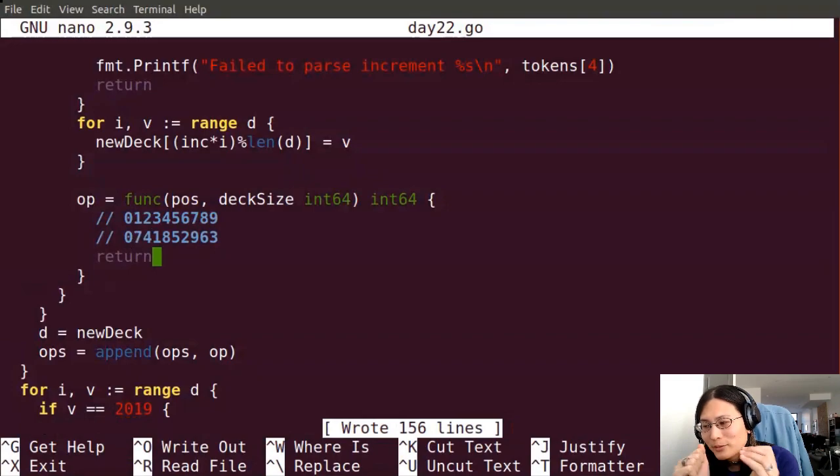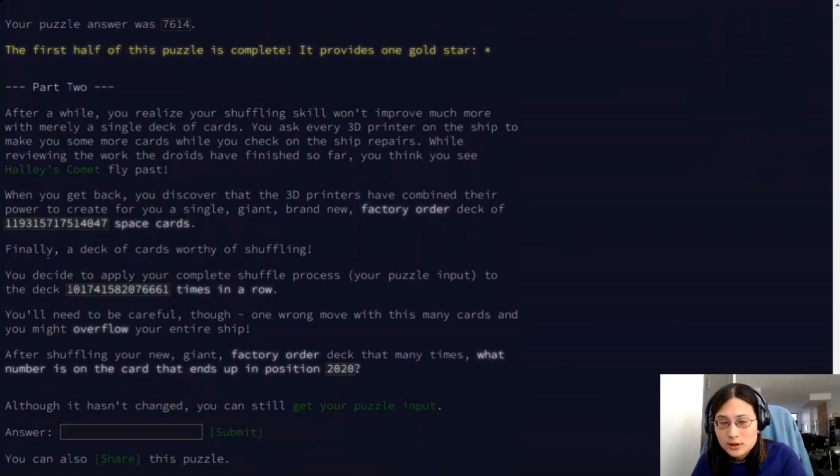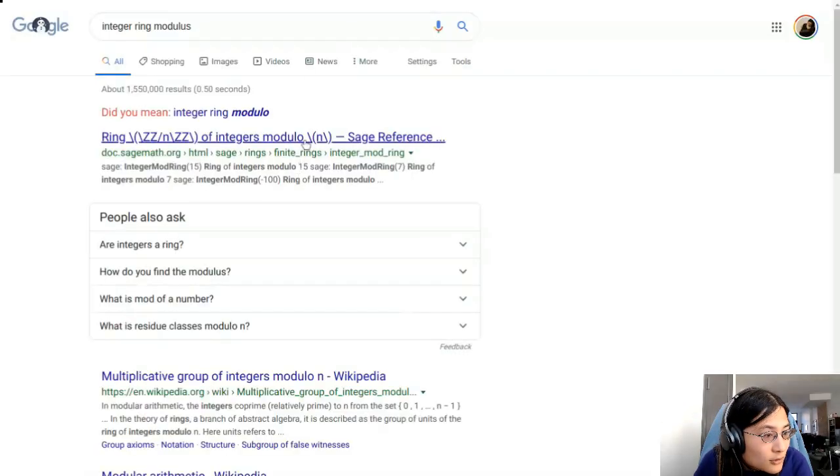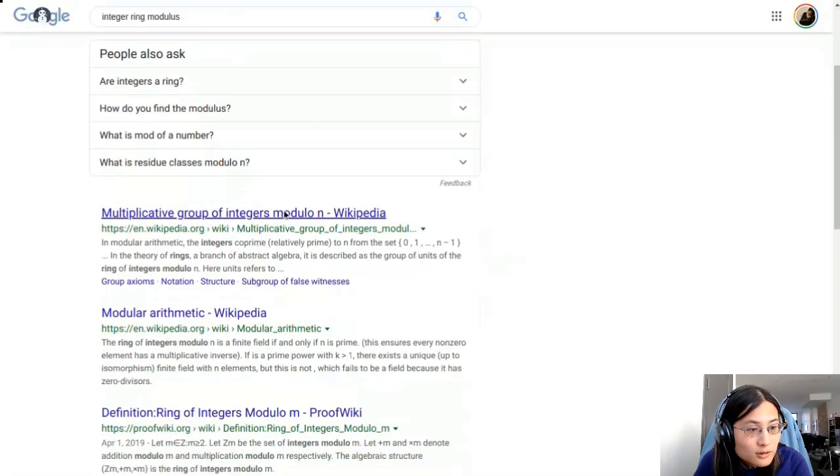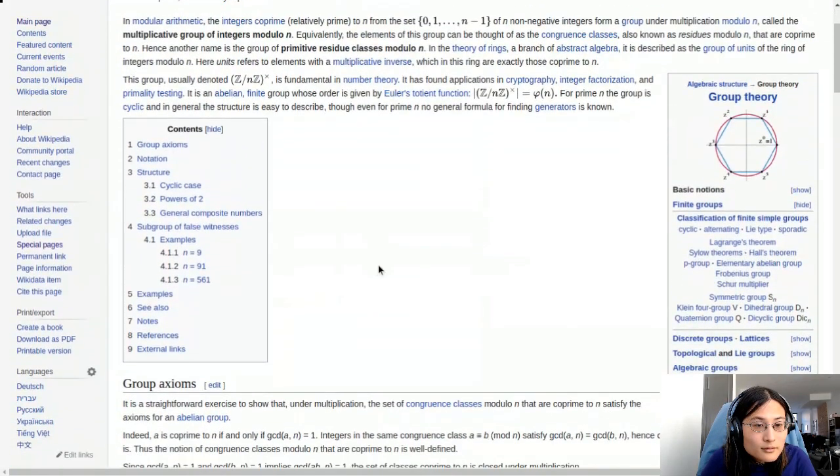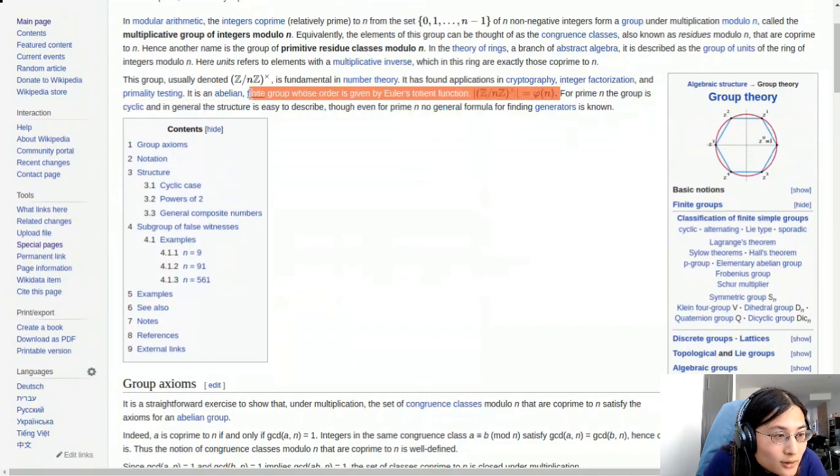This reminds me a lot of my number theory class. The reason this reminds me of my number theory class is, let's see. Yep, for prime n, the group is cyclic.